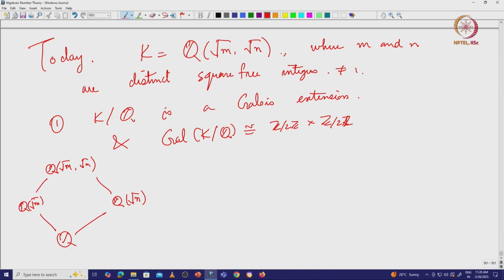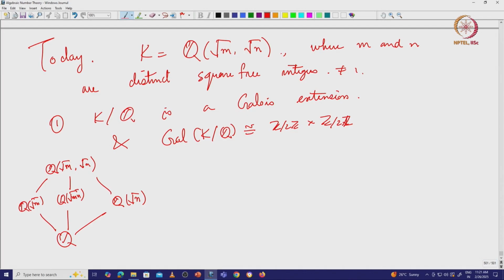There are 3 subgroups of Z mod 2 cross Z mod 2 of order 2, so what is the third one? The third one is Q(square root of mn), and since m and n are distinct, mn will not be a square.